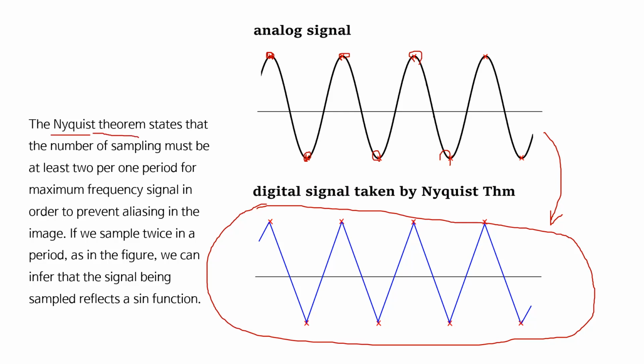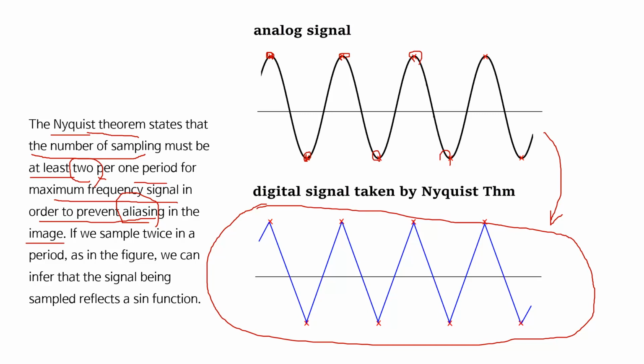Nyquist theorem states that the number of samples must be at least 2 per one period for the maximum frequency signal in order to prevent aliasing and imaging.